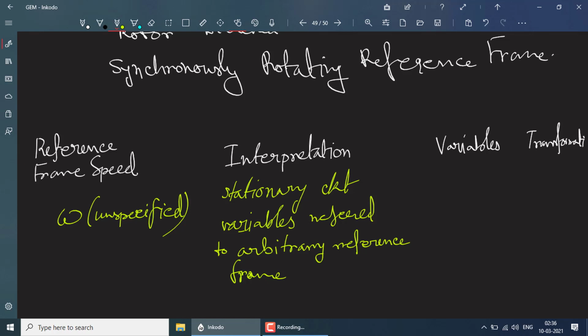The variables will generally be, in terms of our impedances, like this.